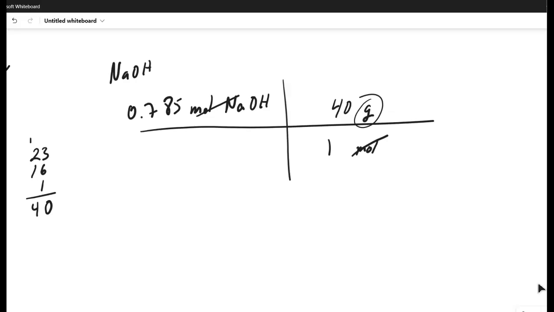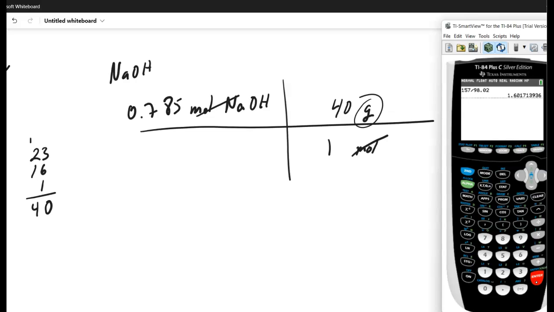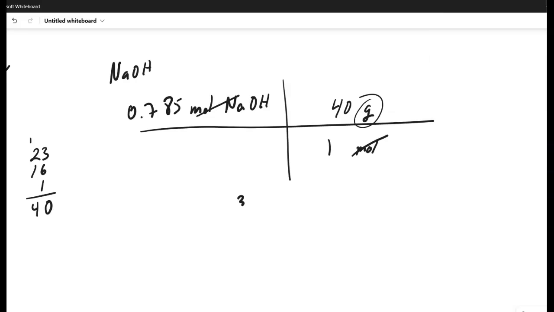Let's do the calculator here. A little bit less than 32 grams. So 0.785 times 40 is 31.4 grams of NaOH.